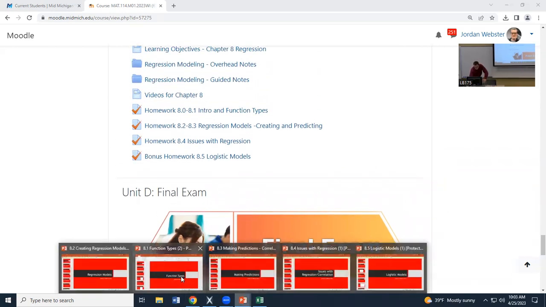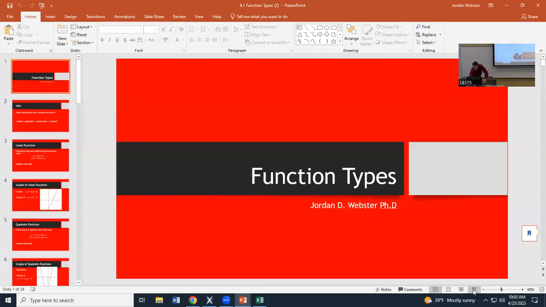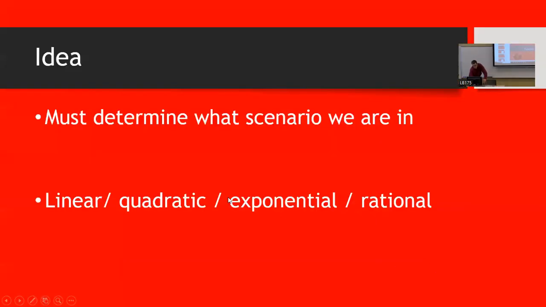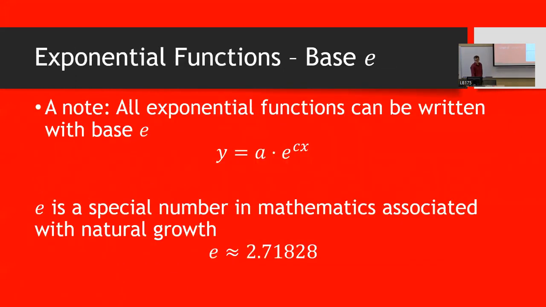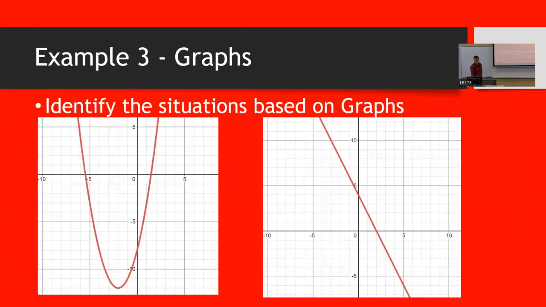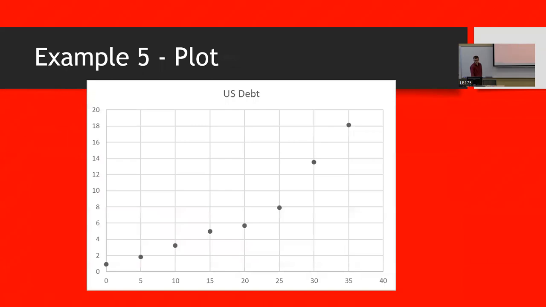So we were dealing with regression last time, and the idea was we're going to look at a scatter plot and decide what type of function it looks like. So let me fast forward to the scatter plots.